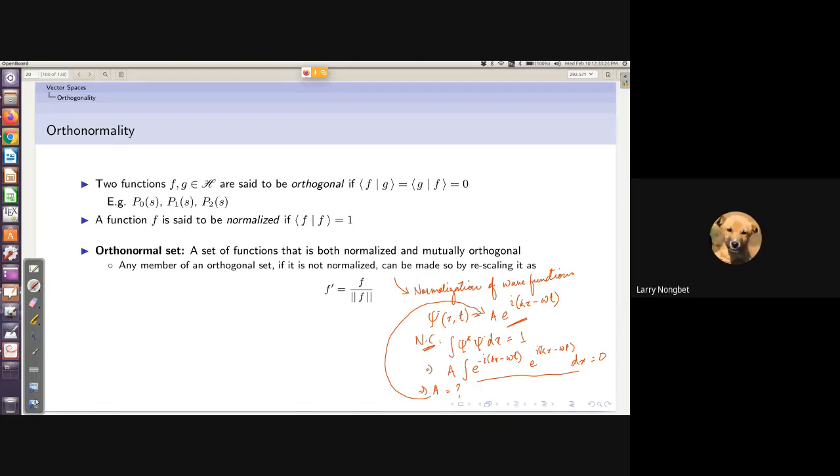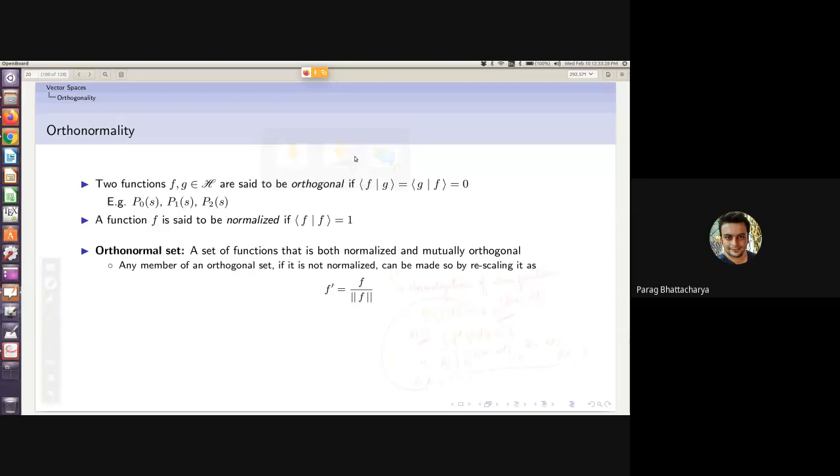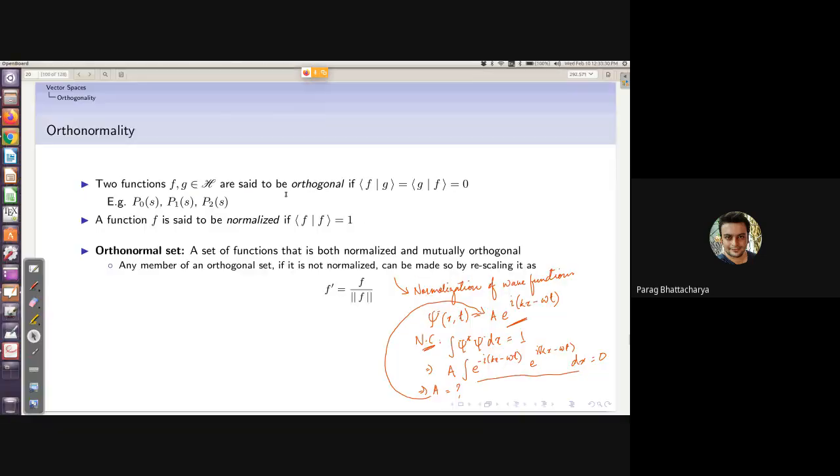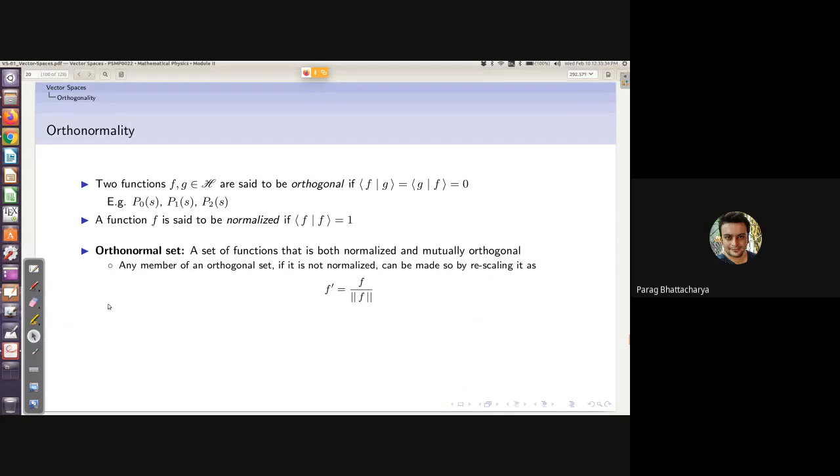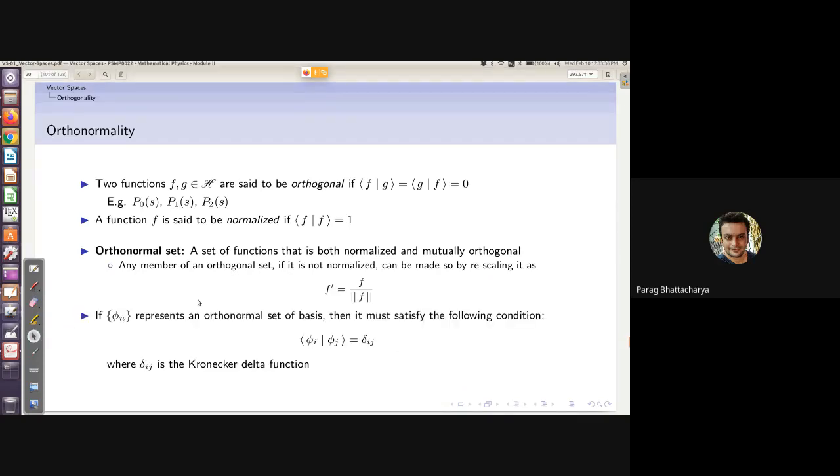Yes, sir. So this is what is meant by normalization. It's the same thing. So there is a one-to-one relationship between whatever you have done in quantum mechanics and what we are doing right now. So if phi n represents an orthonormal set of bases, then it must satisfy this condition. Any basis which satisfies this condition is known as an orthonormal set of bases, where delta ij is the Kronecker delta function.